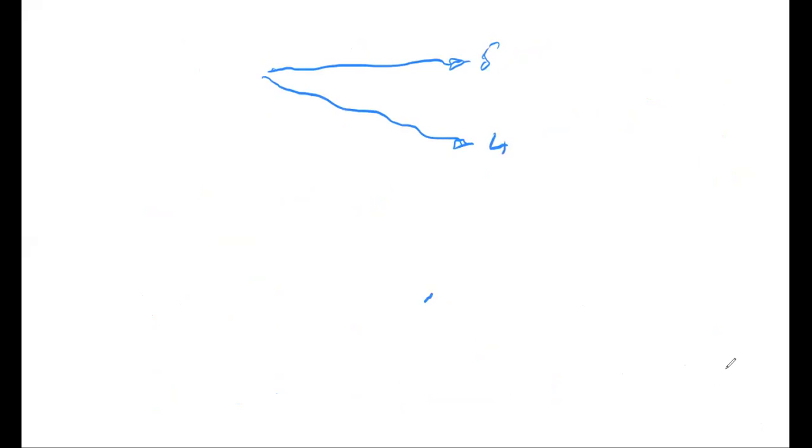And we're interested, this angle in here is pi over 6. So we've got 5 sine omega t and 4 sine omega t minus pi over 6. Okay with that?